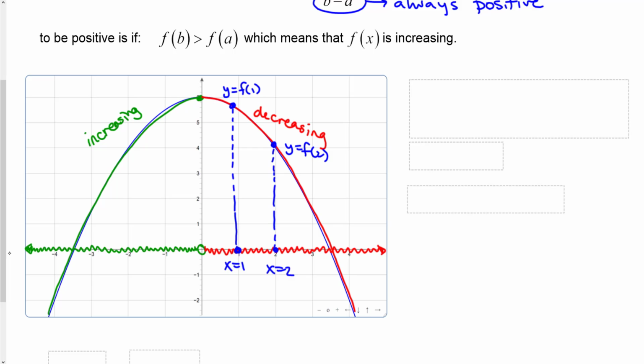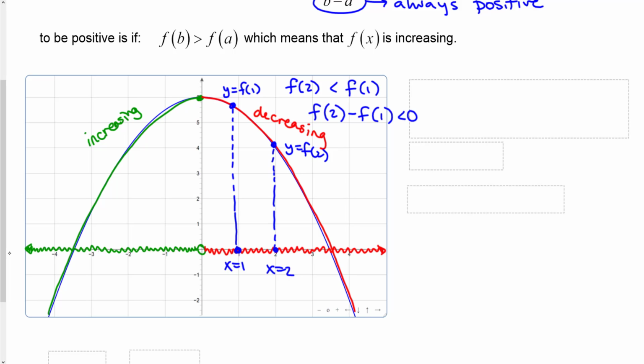But I'm not concerned with that. What I'm concerned with is the fact that f of 2 is less than f of 1. Okay? And because of that, I can say, just by subtracting f of 1 from both sides, f of 2 minus f of 1 is less than 0. So the difference between those in that particular order, from the largest minus the smallest, is less than 0.